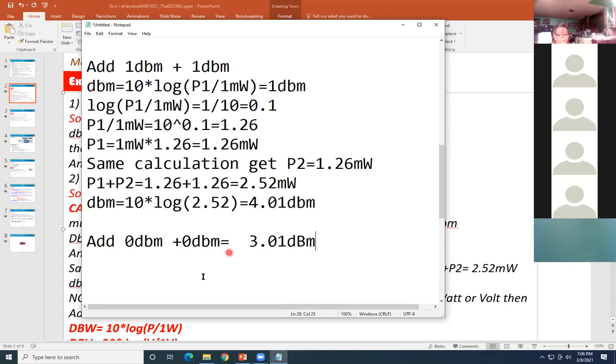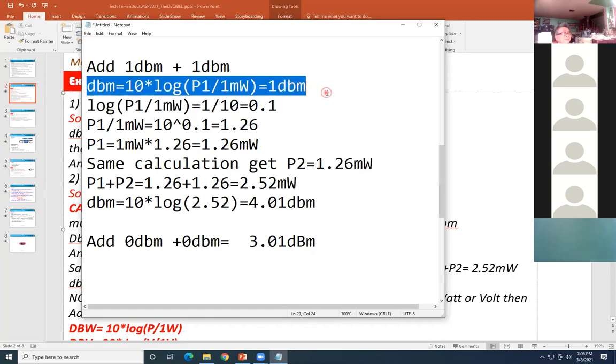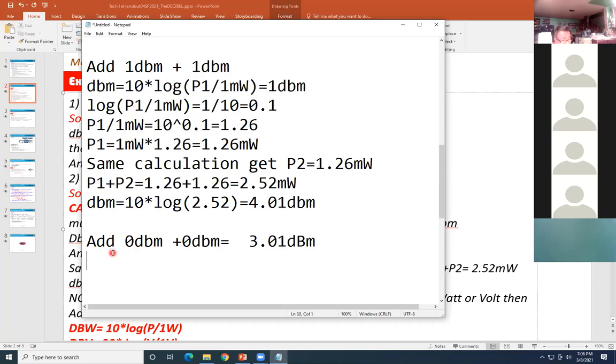So basically, I just copy that one here. Okay. So dBm, the log of that one, equals 0. Okay. Then now you take the log only.